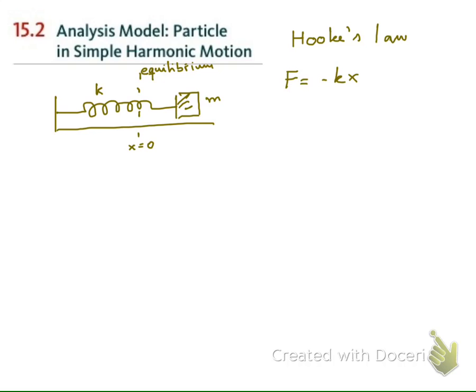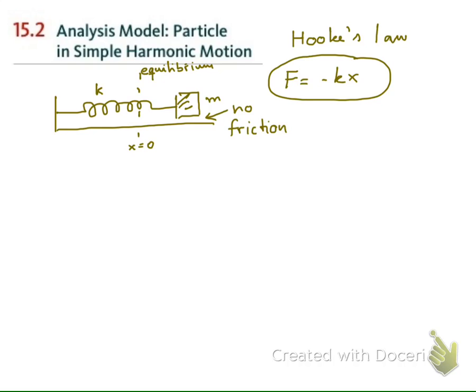Also, we say that there is no friction at the contact between the object and the surface. So the only force acting on the object now is the restoring force from the spring, and the equation for the force is F equals minus kx.